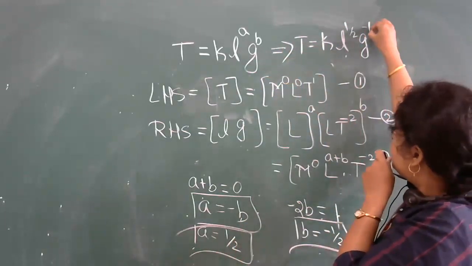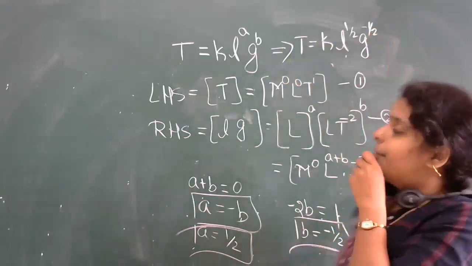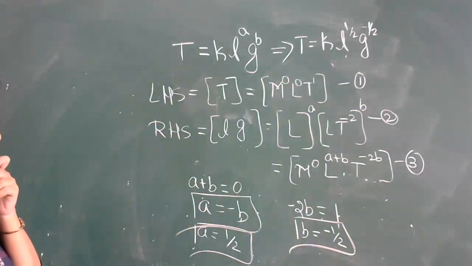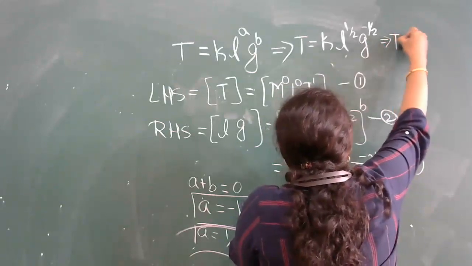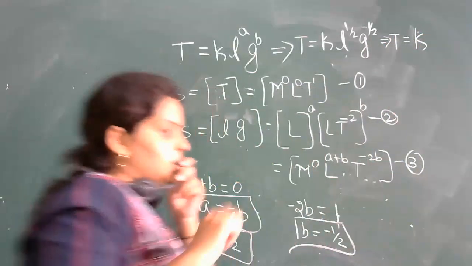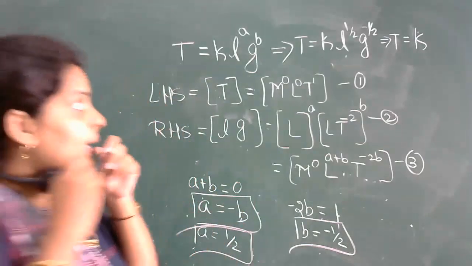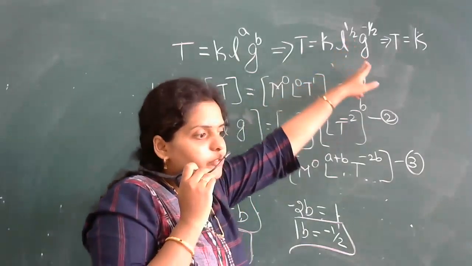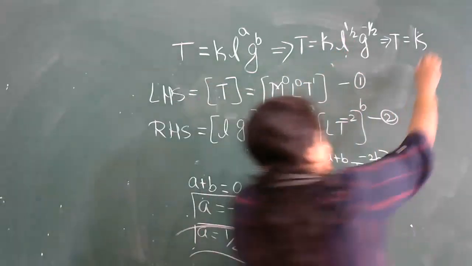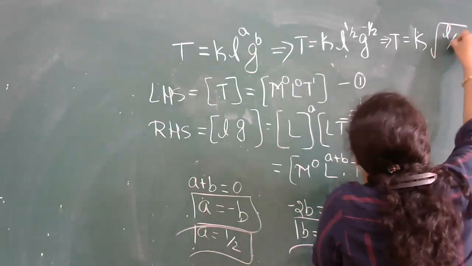Minus 1 by 2. g to the power we have minus 1 by 2. Right everyone? Are you getting it? So here what can I write? This implies T is equal to K, we have L to the power half, g to the power minus half. Can I write it as under root of L divided by g?